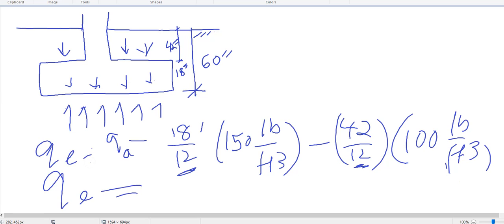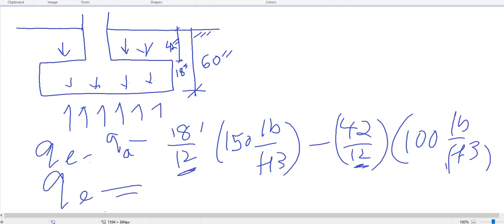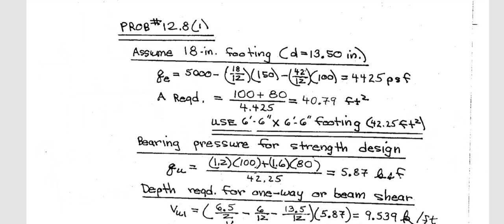Okay, we will see that. So you can see here 5000 is our given allowable soil pressure, minus 18 inch of concrete, and then 42 inch of soil. 100 pcf is a good number for soil. Then it is coming 4,425 psf. So this is the effective.